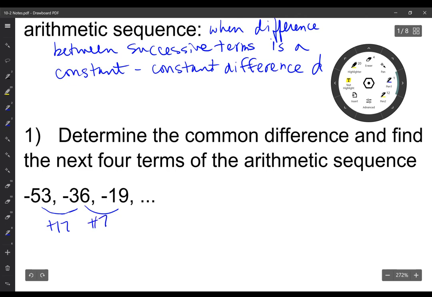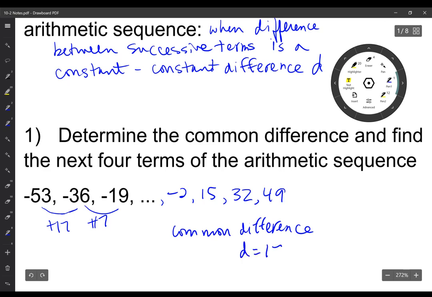So if I had to say words, I would say we're adding 17. And then I'm just going to keep that pattern going by continuing to add 17. And our common difference D, you don't really have to write common difference. You could just write D equals 17. So that's number one.